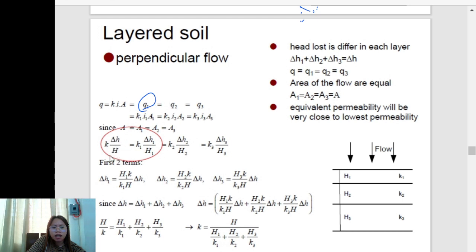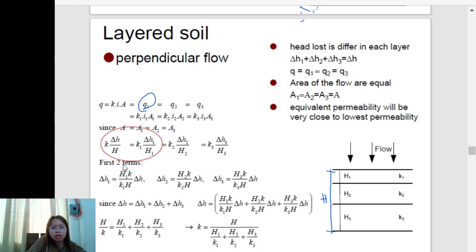So, K, I is delta H over H because the flow is perpendicular. So, this is your L or like the total H that the water flows through. And since they have the same area, the area cancels out and the rest remains.